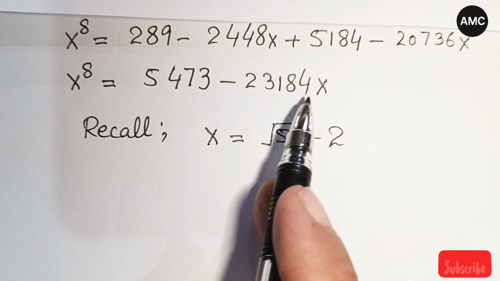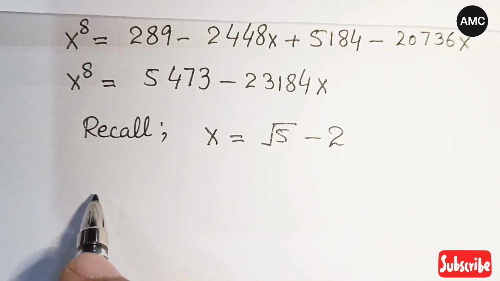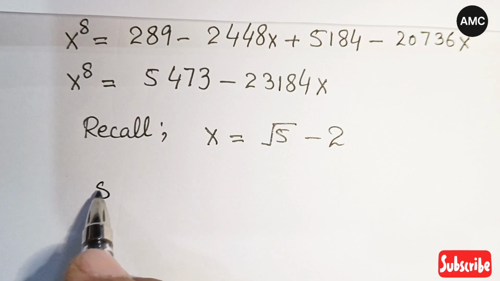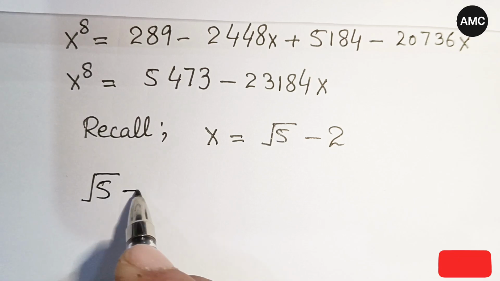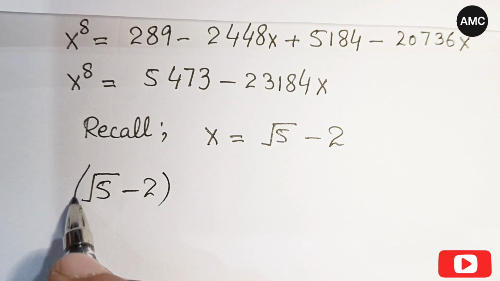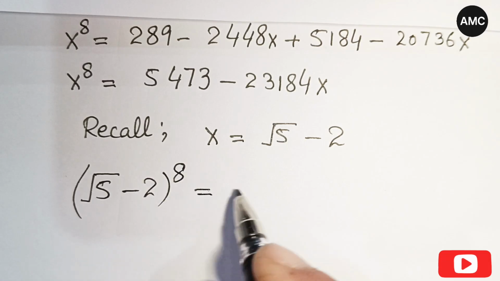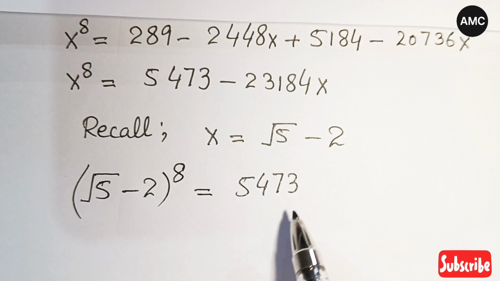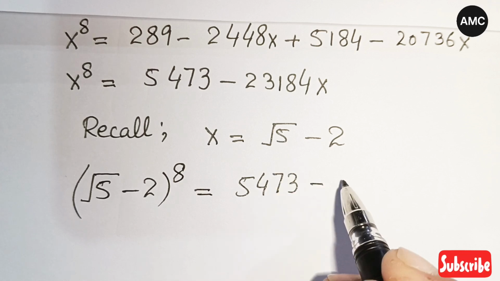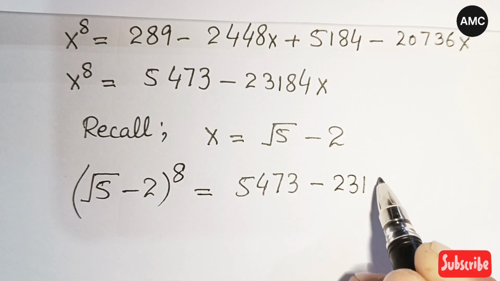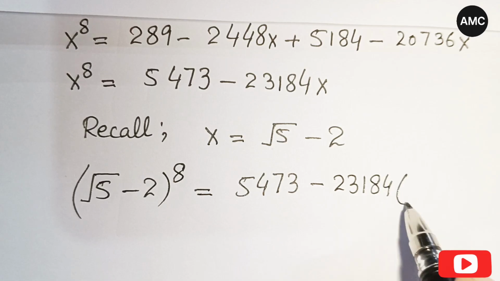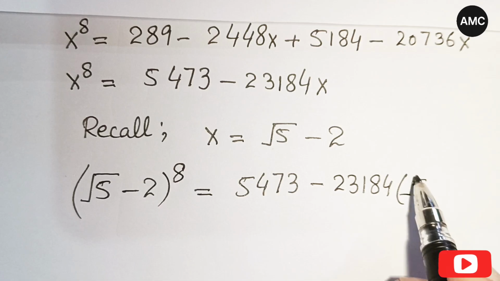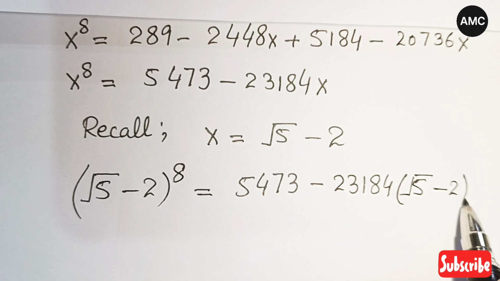So putting this value of x in this equation, we have x to the power 8, which is square root of 5 minus 2 whole to the power 8, is equal to 5473 minus 23184 times, here the value of x is square root of 5 minus 2.